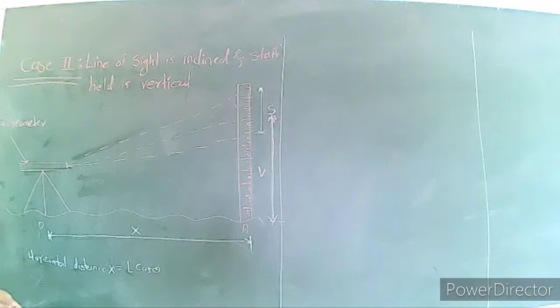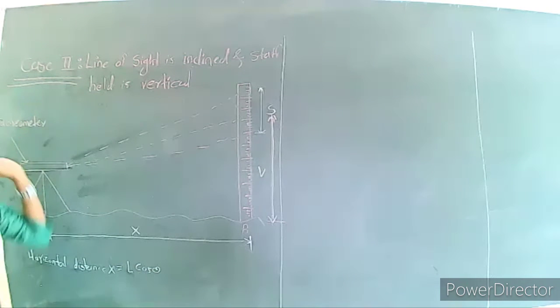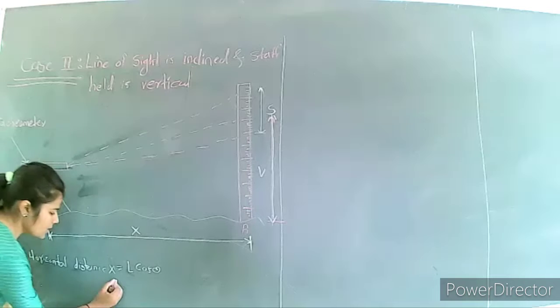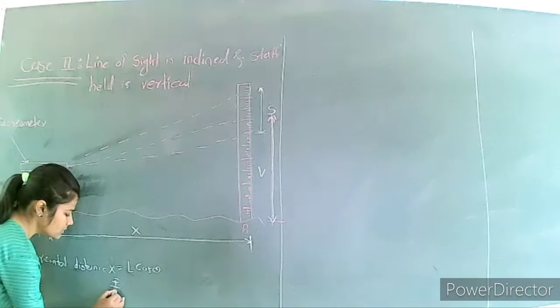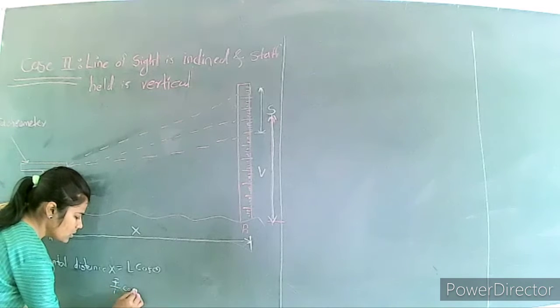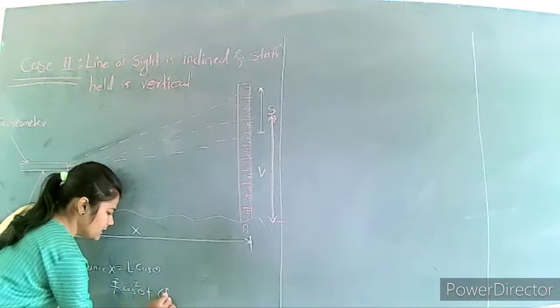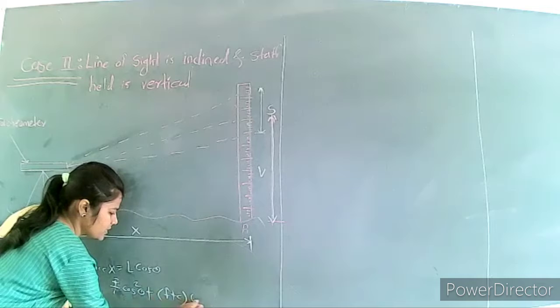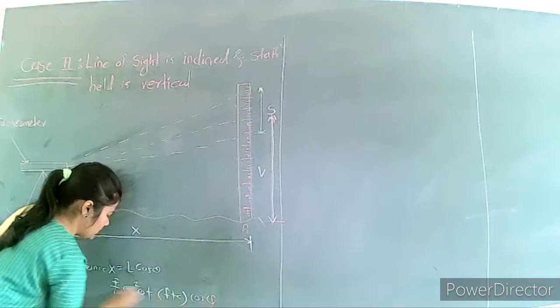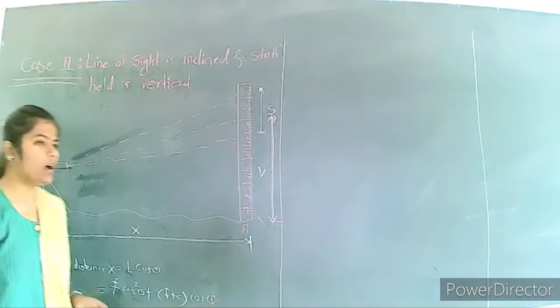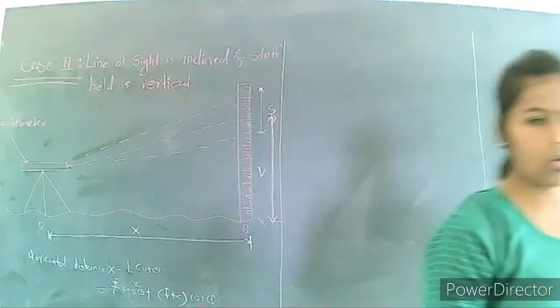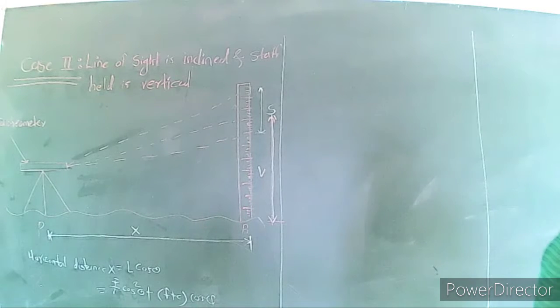Then what is the formula for the first condition of tachometry? That is f/i into cos square theta plus (f plus d) into cos theta. From this formula, we calculate the horizontal distance.